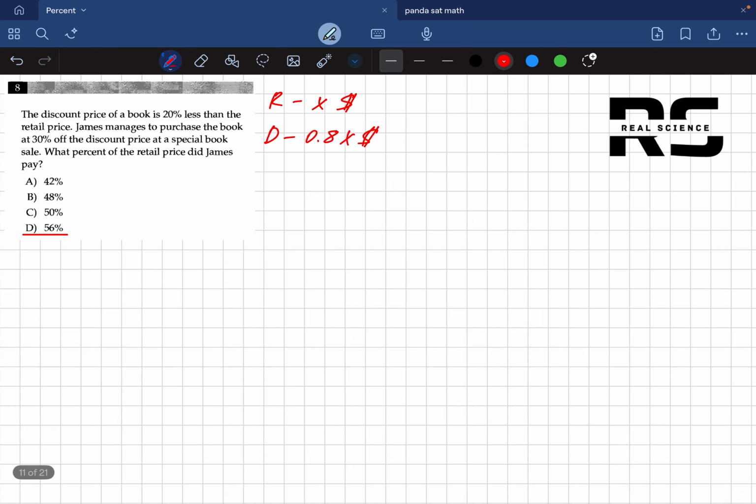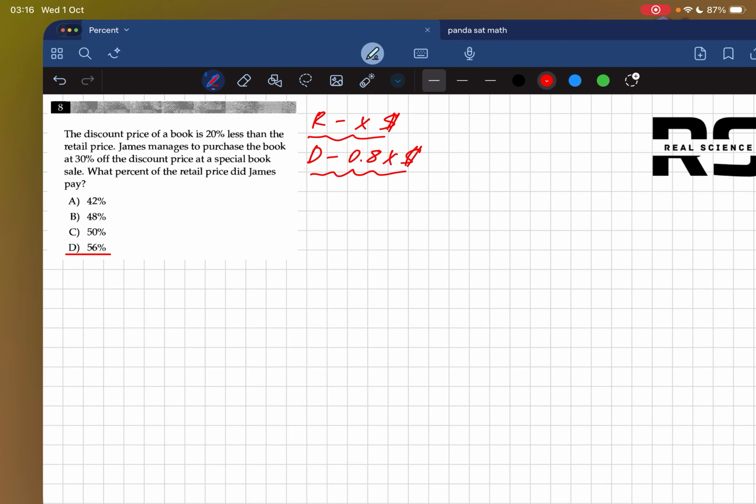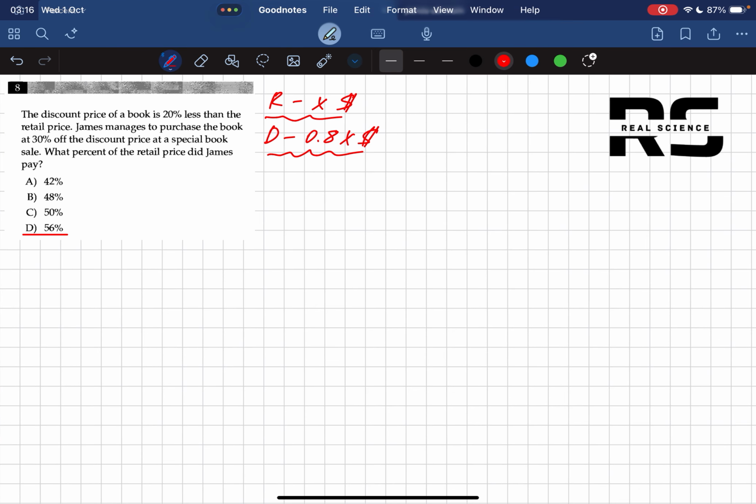You can actually solve it not with numbers, but mathematically speaking, using X. But the best way to do that is to just give some number.